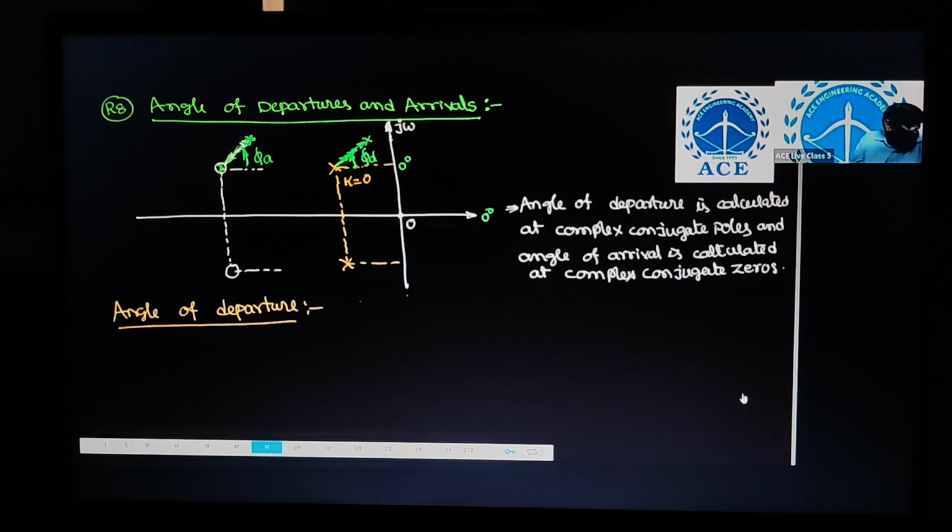What is angle of departure? Write the definition of angle of departure.